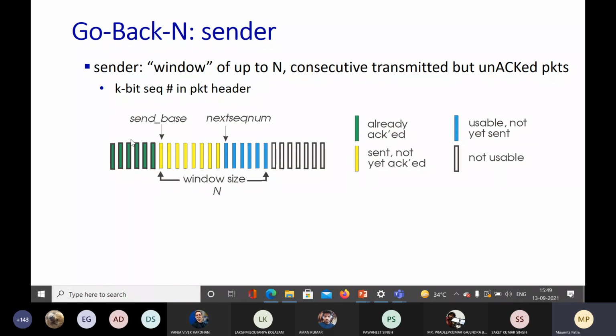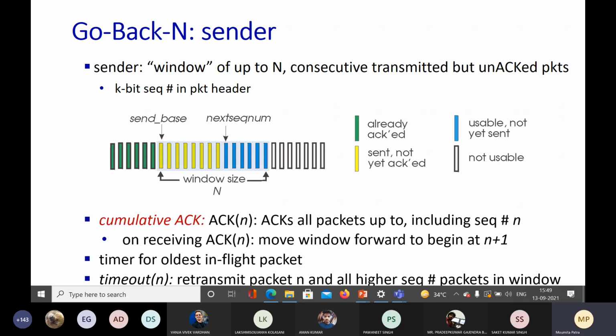Because those will be acknowledged. So again, these next packets, if they become usable for transmission, then again it's basically a moving window. So the moving window thing we'll see later on.